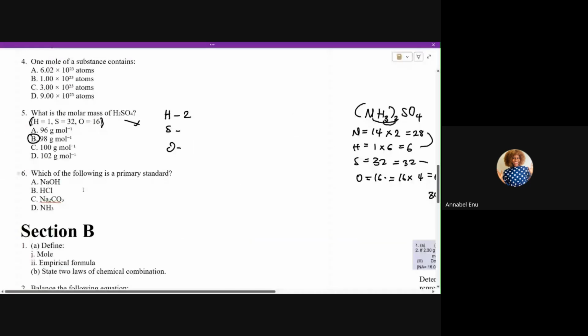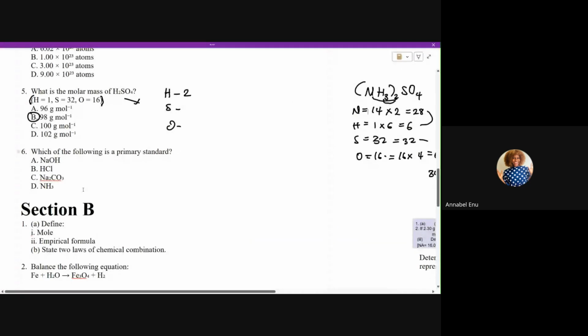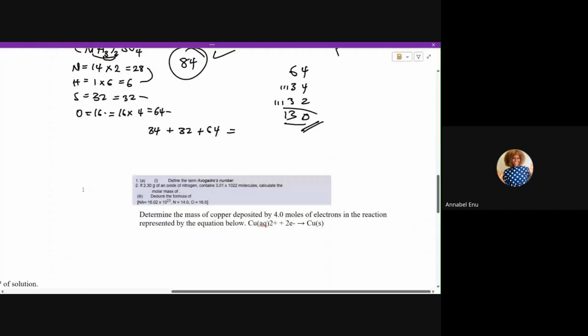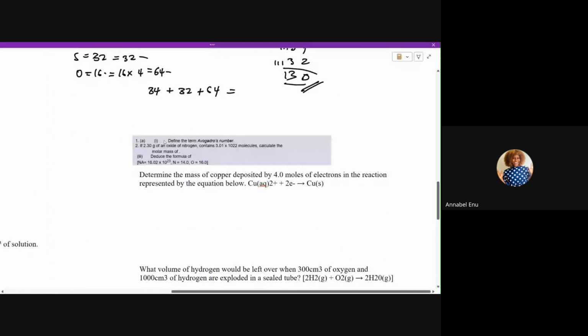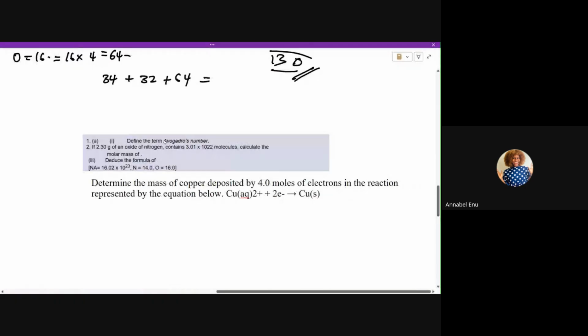Now the next question. Based on Avogadro's number, because we have dealt first with Avogadro's number, this is actually a past WAEC question, so let us attempt it.